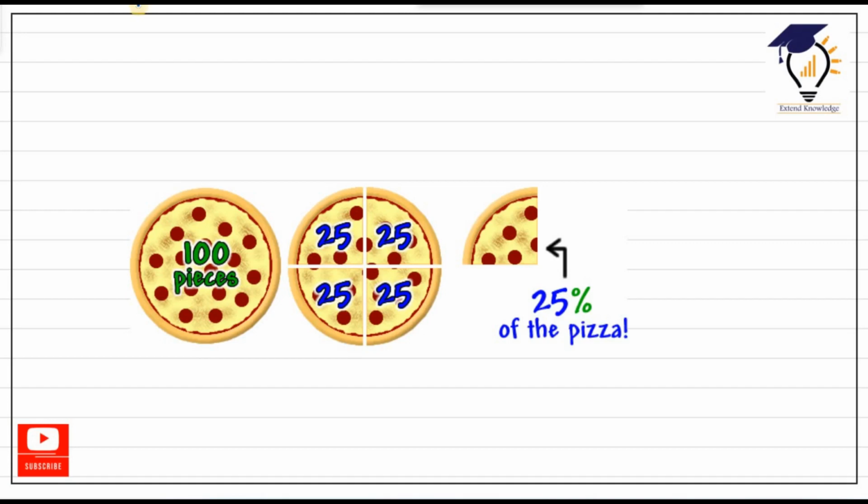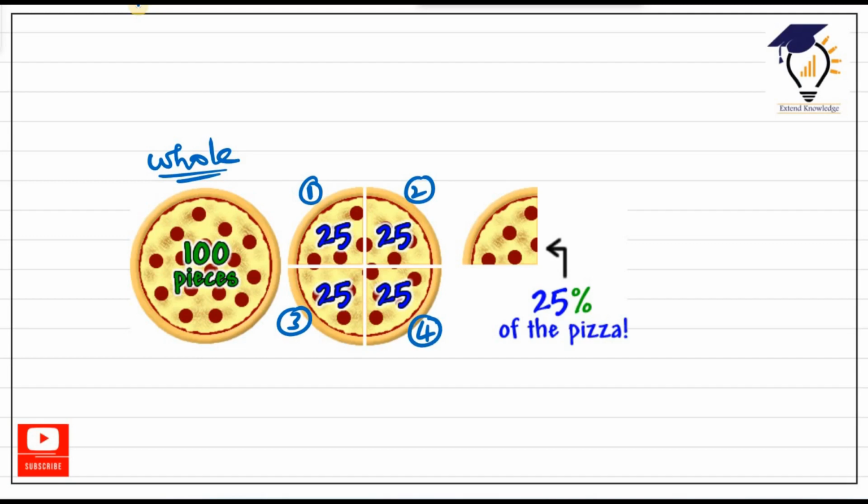In the first figure you can see this is a whole pizza. It's looking very yummy, and you can see that the whole shape is divided into 100 pieces. So what if it is divided into 100 pieces? I can make 4 groups, like this is the 1st quarter, this is the 2nd quarter, this is the 3rd quarter, and then this is the 4th quarter.